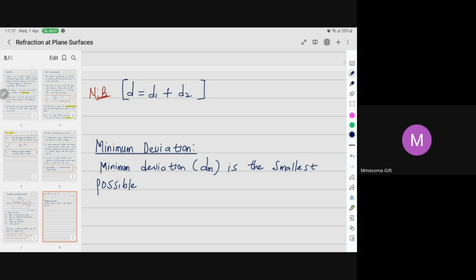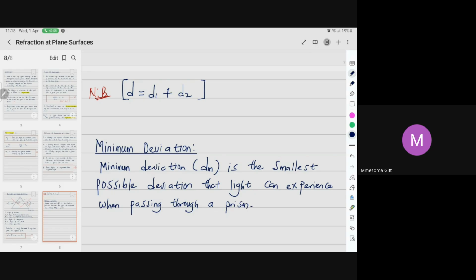If you check past questions, the smallest possible deviation that light can experience when passing through a prism. All right. So that's the minimum possible deviation when passing through a prism.